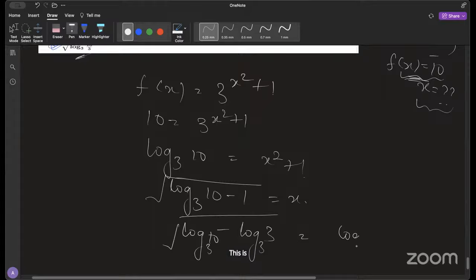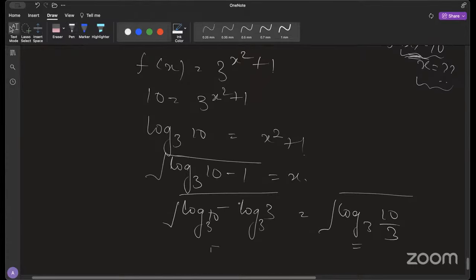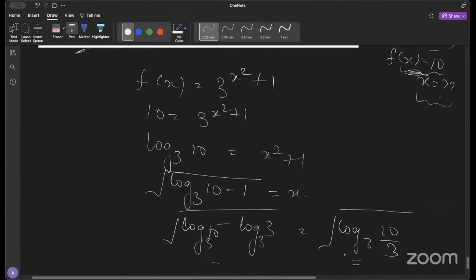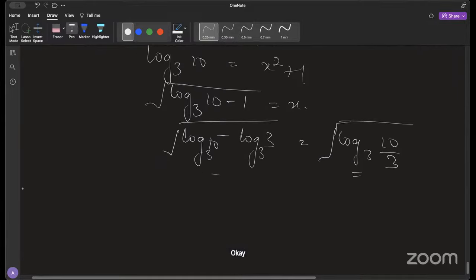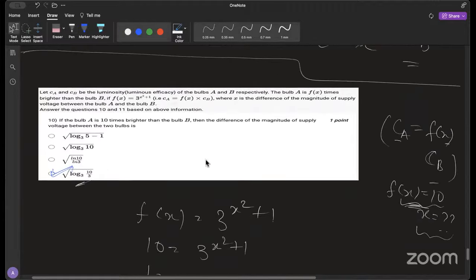This is the same as log base 3, 10 by 3. Is it fine? Yes, ma'am. Okay, got it. Any other questions?